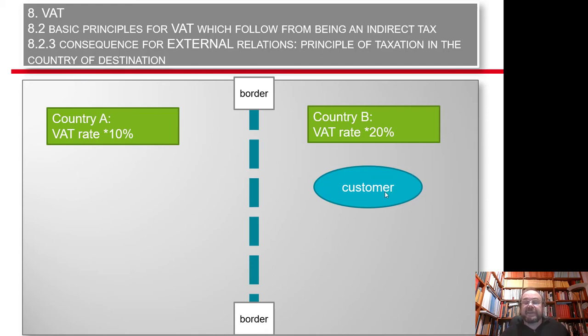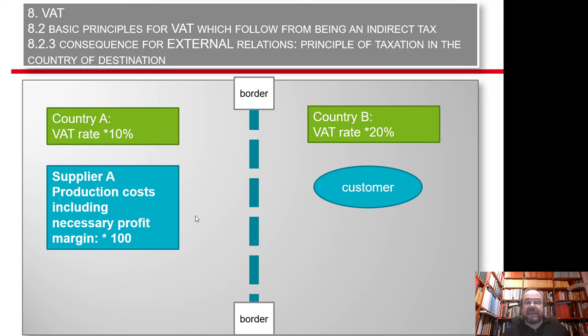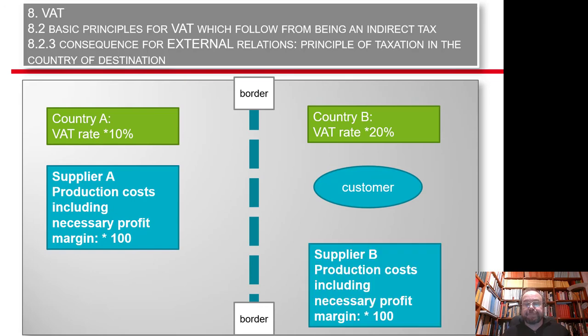And here in country B, living there happily, is a customer. Now, imagine the two suppliers have equal conditions. So supplier A has production costs, including his profit margin necessary for survival or profit margin desired. They end up with a net price of 100. Supplier B, the same, needs 100 net.